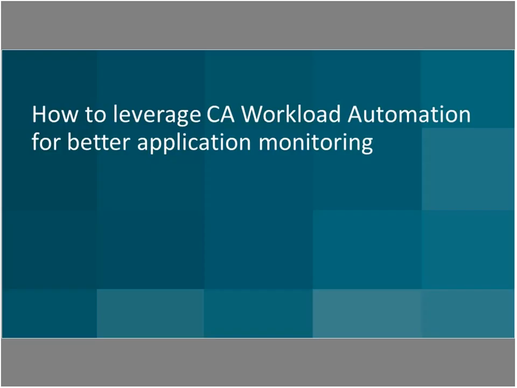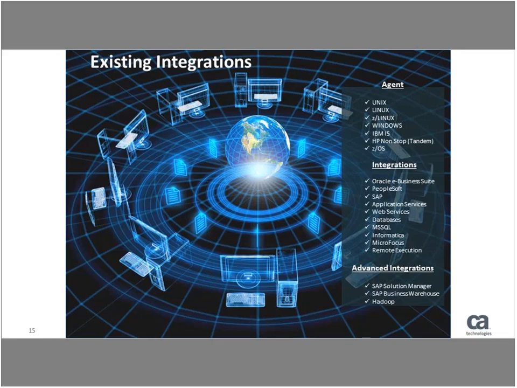A little bit more on that. From an existing integration standpoint, we do have specific agents for all the different Unix, Linux, Windows varieties, HP NonStop, z/OS, and the i5s. But we've also gone a lot into the application integrations: Oracle E-Business Suite, PeopleSoft, SAP, some of the newer ones like SAP Solution Manager, Business Warehouse, and Hadoop.